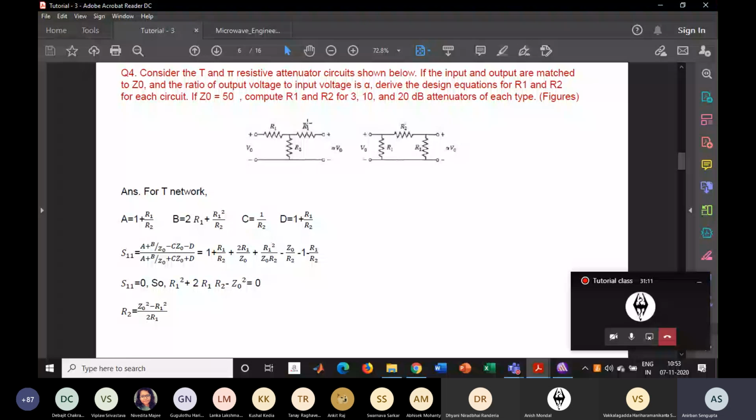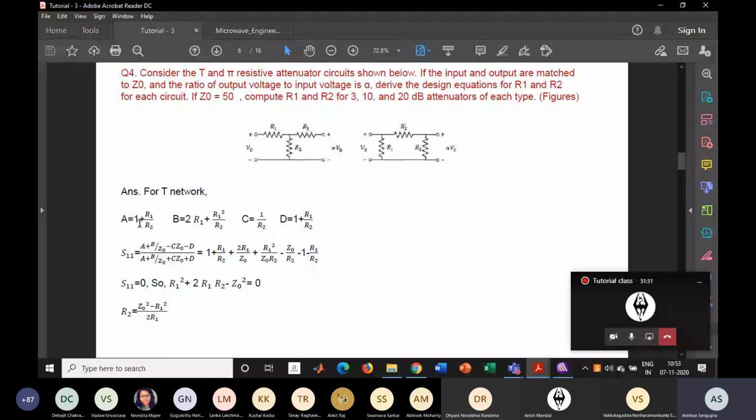So calculate the individual ABCD parameters of the separate networks and then cascade, multiply, and you will get the overall one. This is how the ABCD parameters are calculated for this network. The steps are not shown here. You can find it in David Pozar's book, that for a series impedance Z, what are the ABCD parameters?